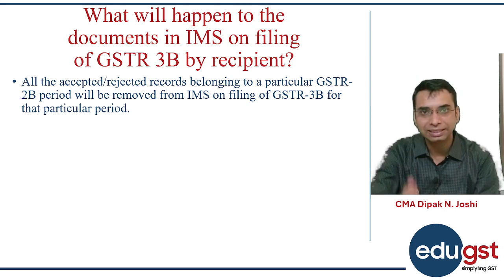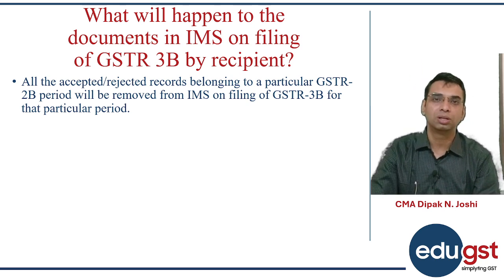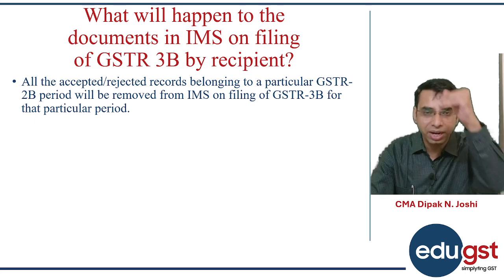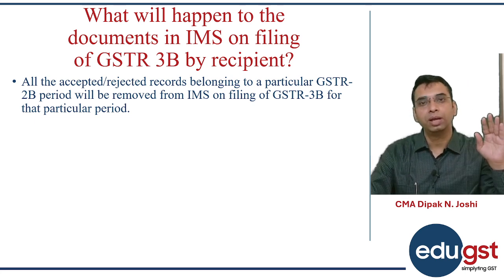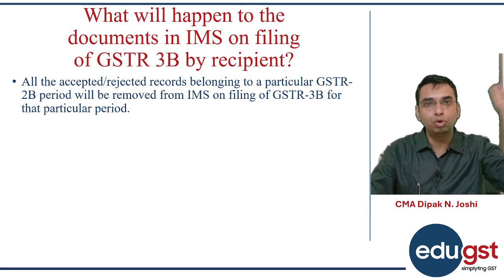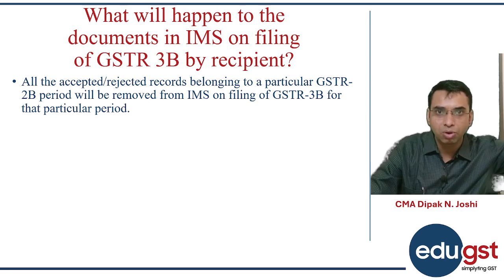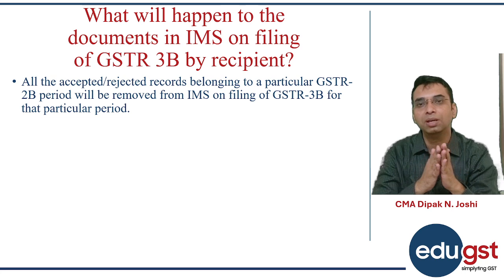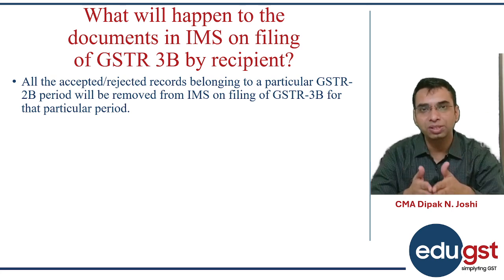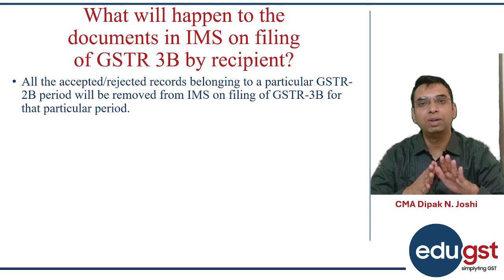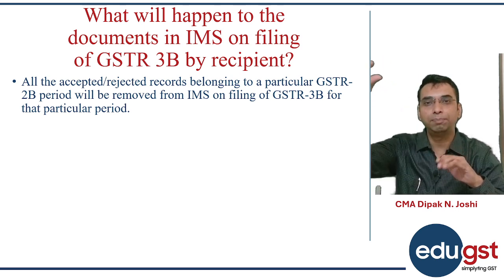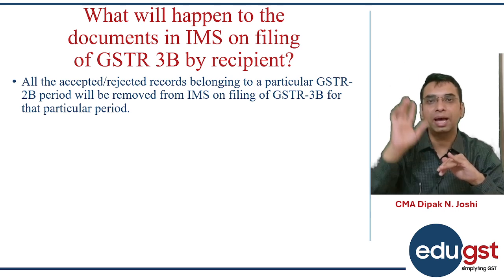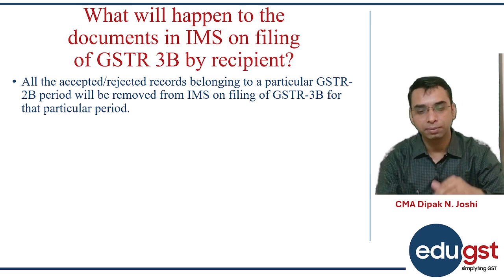So all the accepted and rejected records will be deleted from your IMS portal and will flow to your GSTR 2B and in your GSTR 3B. After filing of GSTR 3B, the IMS portal will automatically delete accepted and rejected records from the IMS functionality, right?